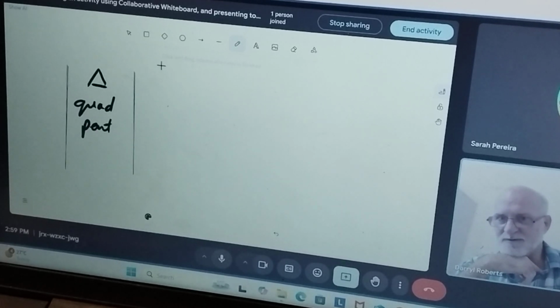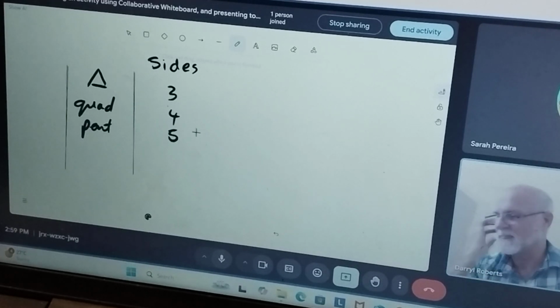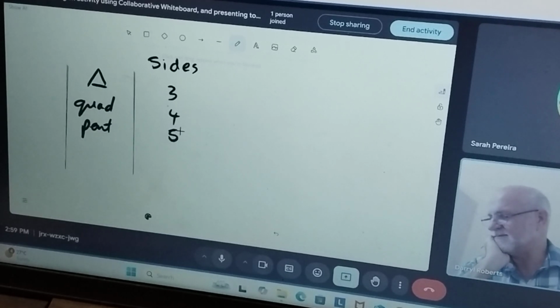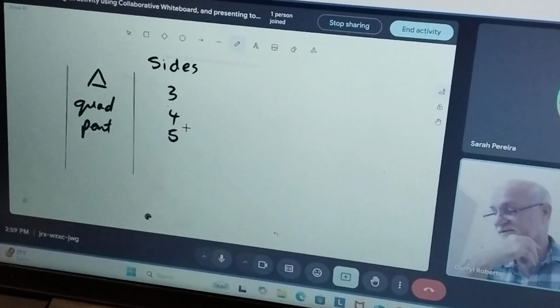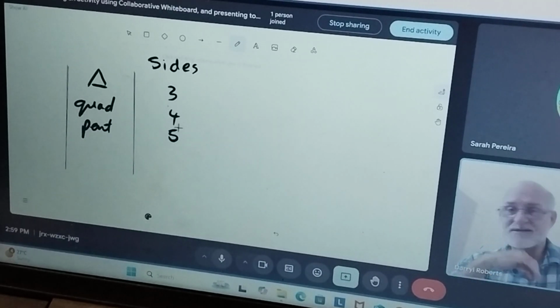And you've got to say the number of sides. You know that's 3, that's 4, that's 5, and so on. They miss out 7 and 9. They go from hexagon to octagon to decagon, which is fine.